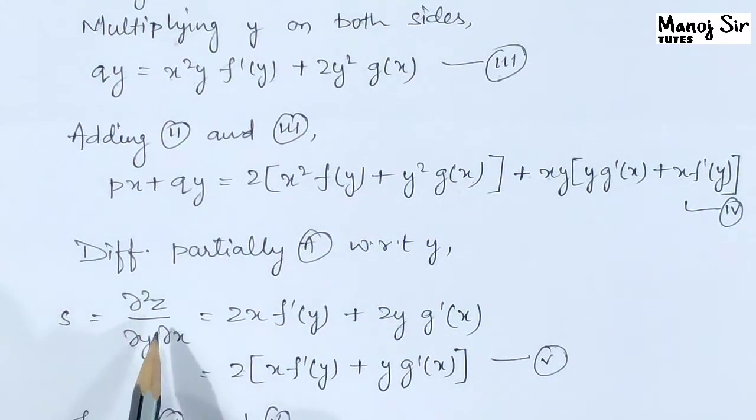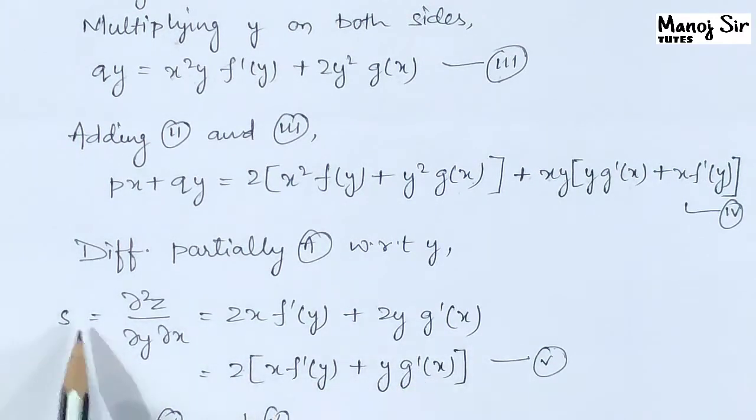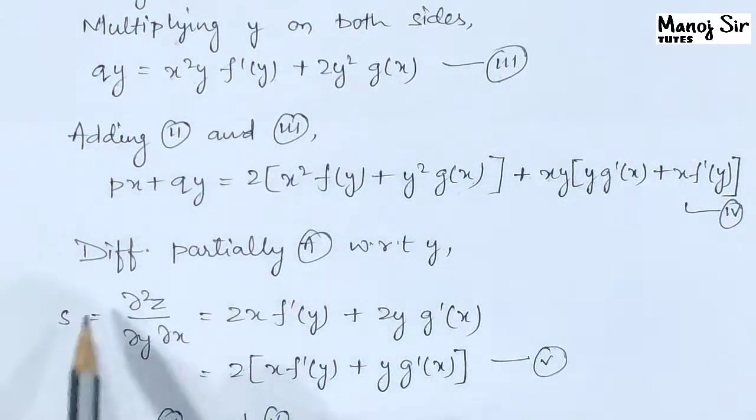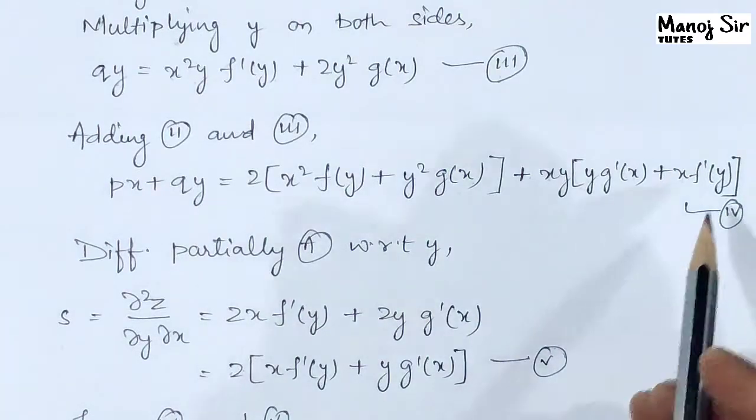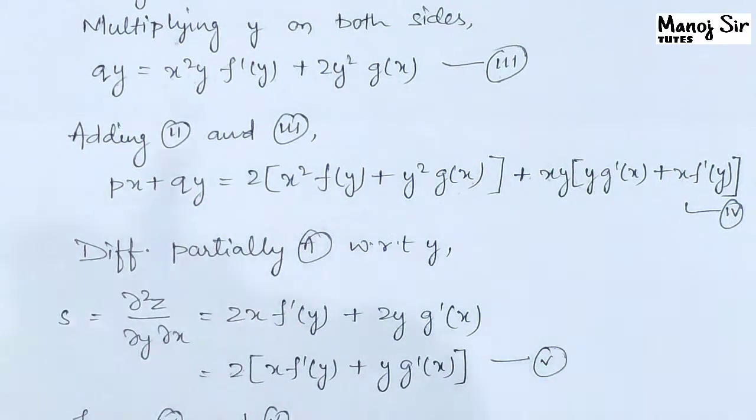From video number 1 we know that this is represented by small s. So this value, that is x into f dash of y plus y into g dash of x, is equals to s upon 2, because if you take this 2 here, this will become s upon 2. So in place of this we can write s upon 2.